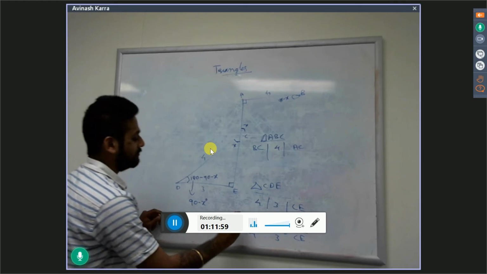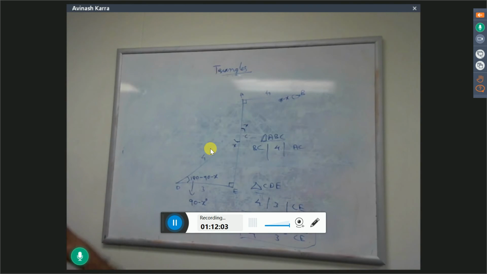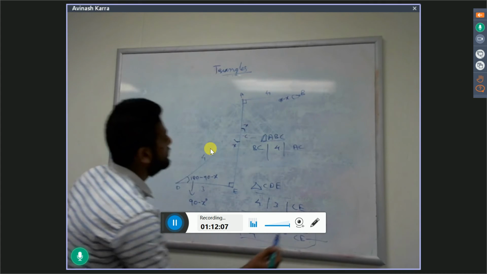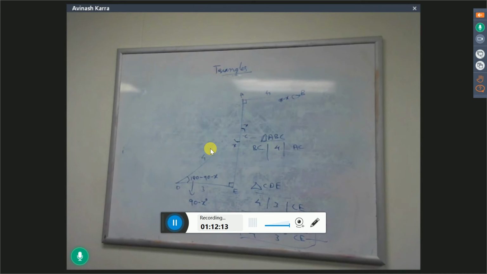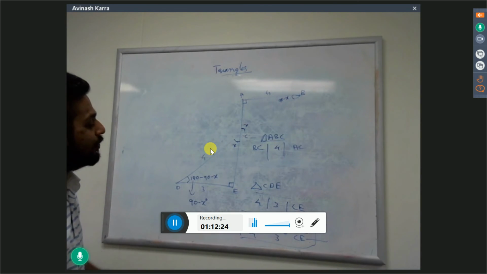From this equation, you can find BC, you can find AC. Yes or no? Is it clear? One more time again.